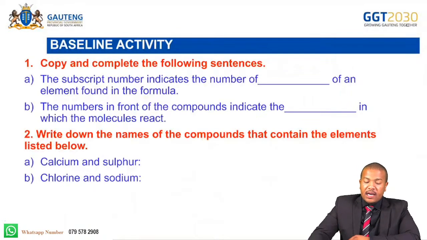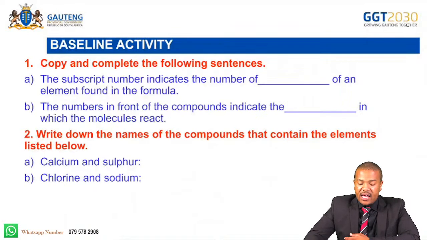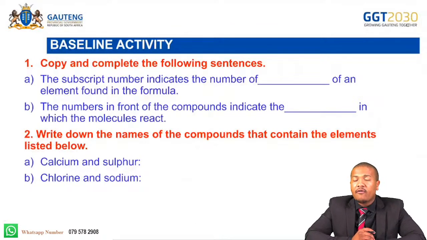So now, let's quickly look at our baseline activity. Number 1 of our baseline activity says, copy and complete the following sentences. A, the subscript number indicates the number of an element found in the formula.